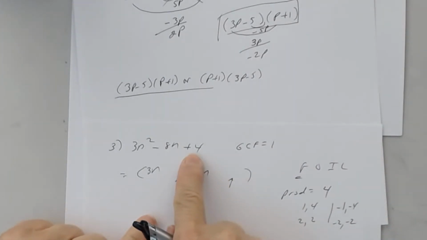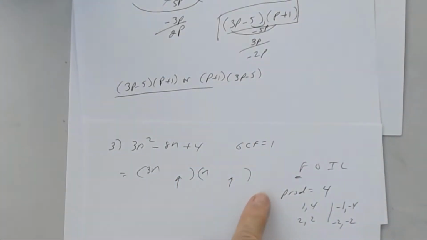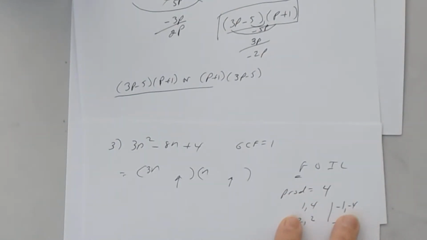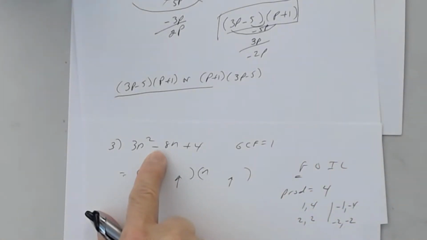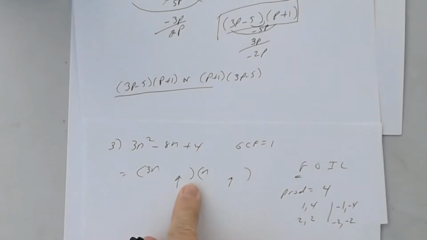The last sign's positive, so that means the signs have to be the same. Which signs do you think you're going to use? Negative, because the middle sign's what? Negative. So the only way you can get a negative is to add two negatives together. A negative plus a negative is a negative. Not two positives, because a positive plus a positive is what kind of number? Positive.